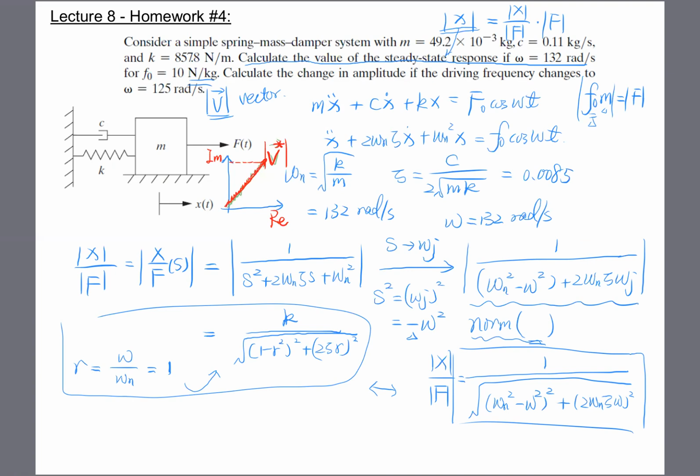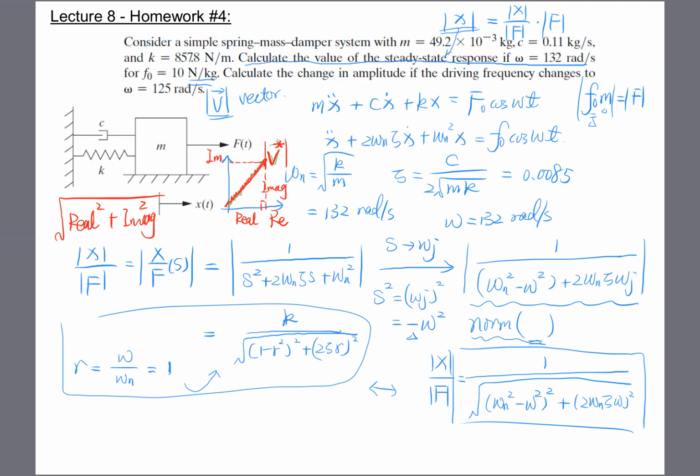So this length, you have your real part and your imaginary part, so the length is the real part squared plus the imaginary part squared, and then take the square root, because that's a right triangle with a perpendicular here.